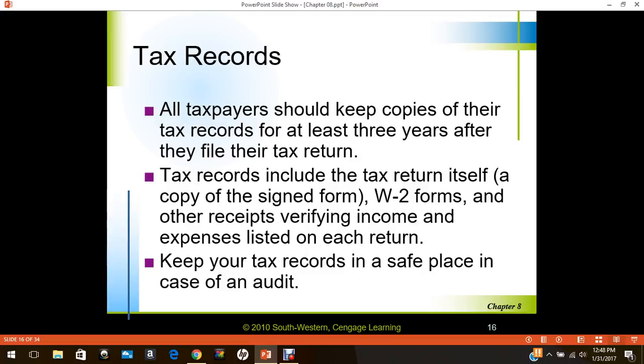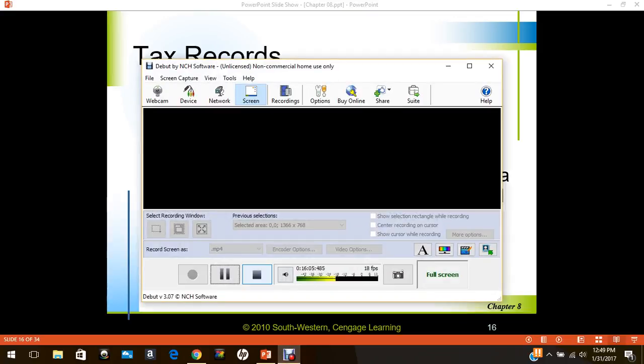The second question is, how are fixed expenses different from variable expenses? And the third question is, why would you prepare a net worth statement? This concludes the first part of our presentation.